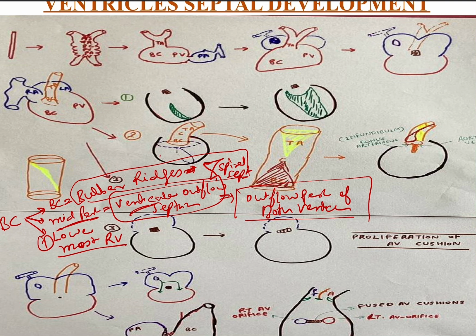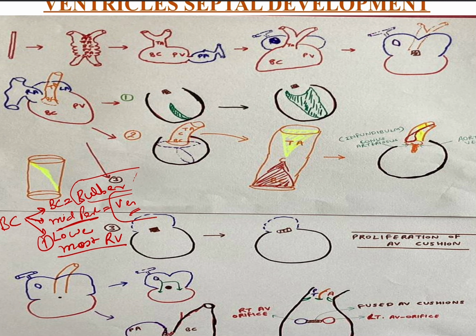This is the lower part of bulbus cordis, which forms the right ventricle. This is the lowermost part of bulbus cordis, which is forming the right ventricle. What happens with this mid part? This mid part of bulbus cordis forms a septum which is dividing the outflow part of the ventricular cavity into two parts.